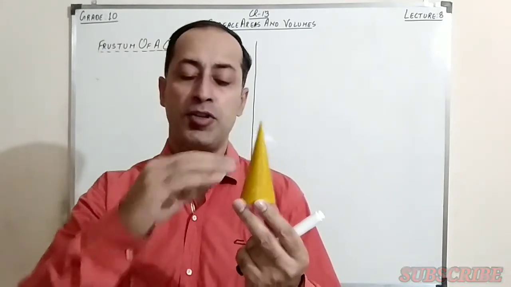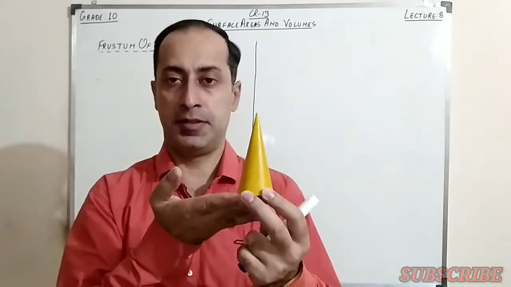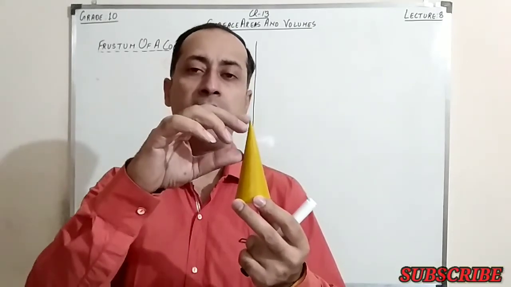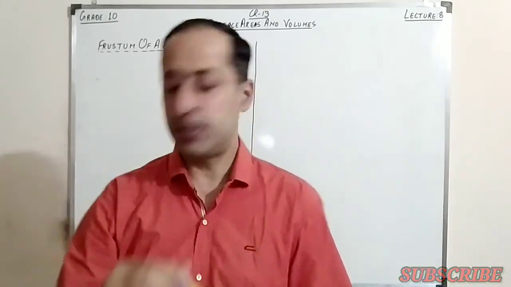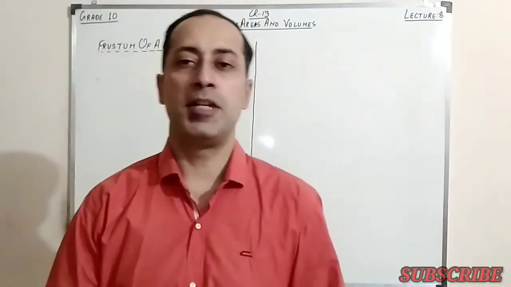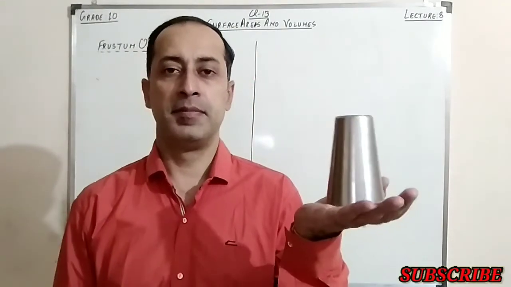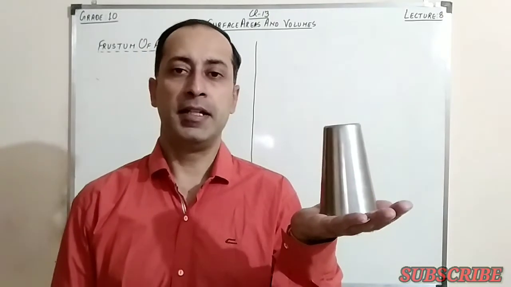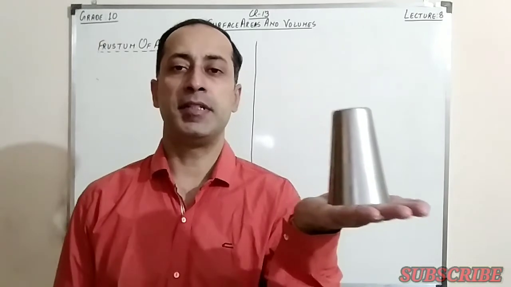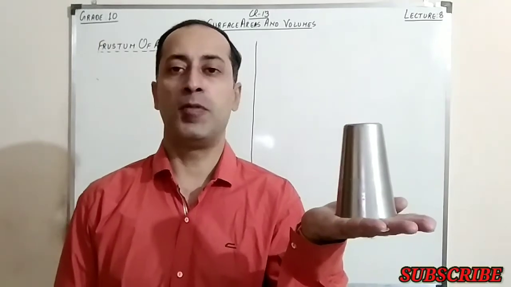If we cut this cone horizontally, parallel to its base, we are left with a shape like this, which is basically called the frustum of a cone.